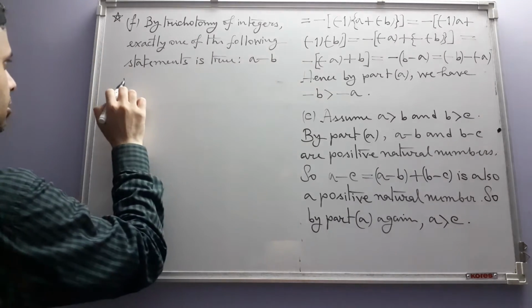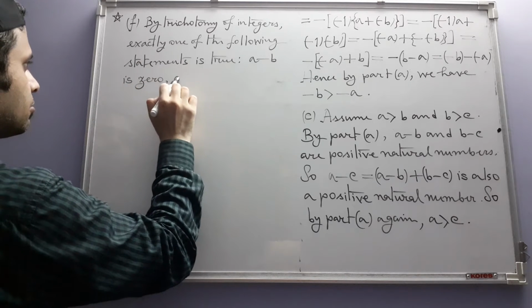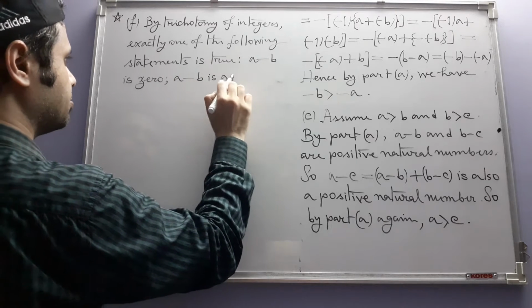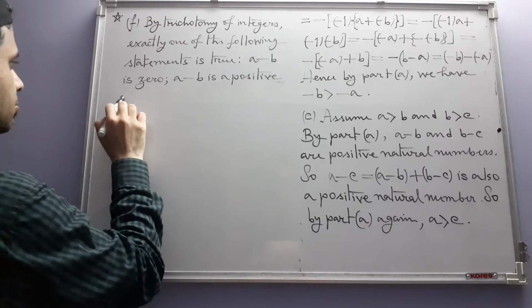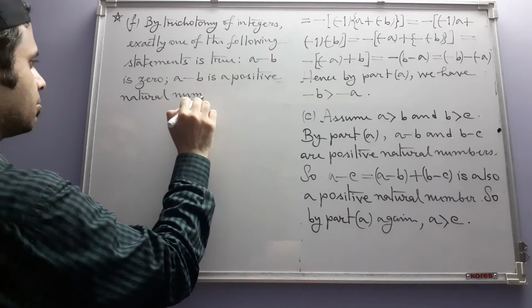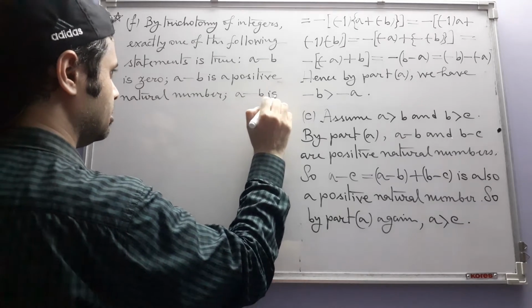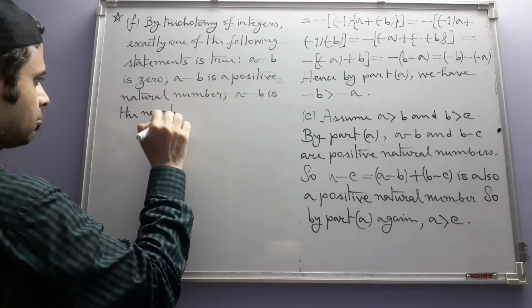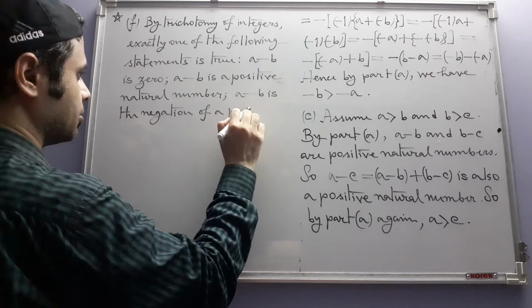A minus B is 0, A minus B is a positive natural number, A minus B is the negation of a positive natural number.